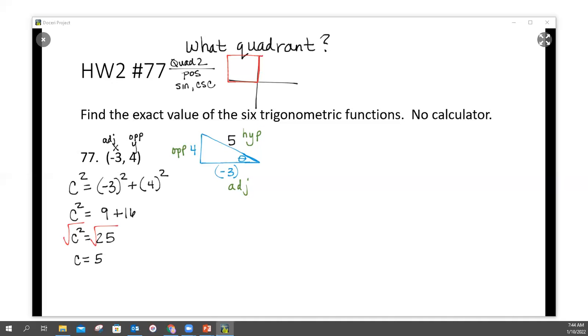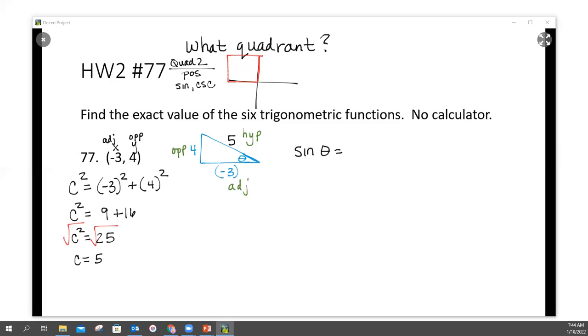So let's start off with the sine. I'm just going to call the angle theta, because I don't know what this angle is. It's not an angle on the unit circle, but it's some angle. Let's not say X or Y because that's sine and cosine. Theta is a very common variable that's used for an angle.